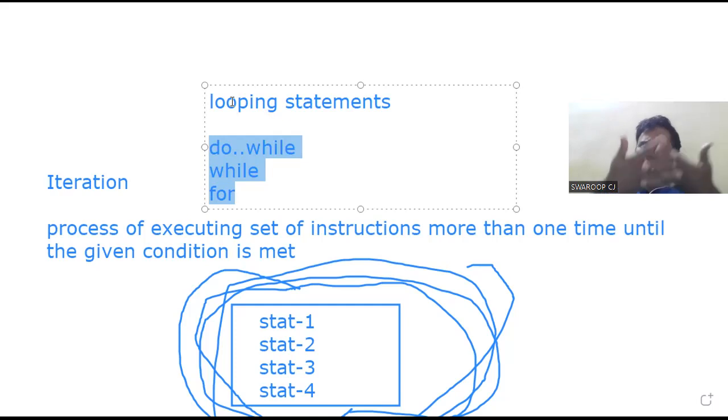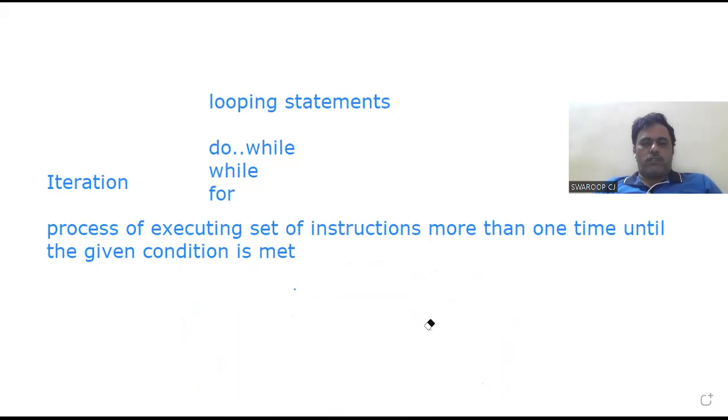If you want to execute them a second time, again you have to write. If you want 20 times, you have to write the same code 20 times. Instead of that, I will place the code into a loop, and the loop will keep on rotating until the given condition is satisfied. Take an example here. I will explain one by one how it will happen.